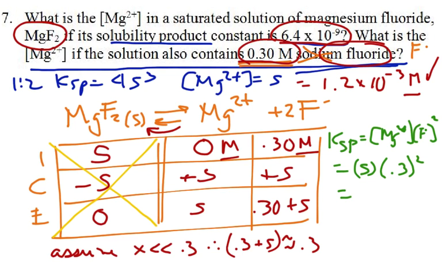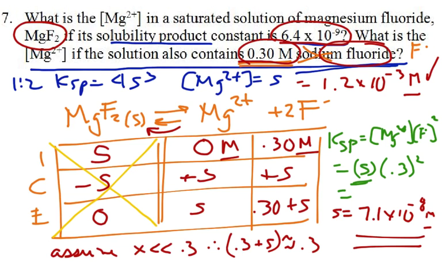Then we can calculate, and I already know the KSP is 6.4 times 10 to the minus 9. I know that I have 0.3, so I just have to solve for my solubility. And I'm going to do that and come back. Okay, I've calculated that, and I really have no room to show that, I'm sorry, but it does come out to be 7.1 times 10 to the negative 8 molar.